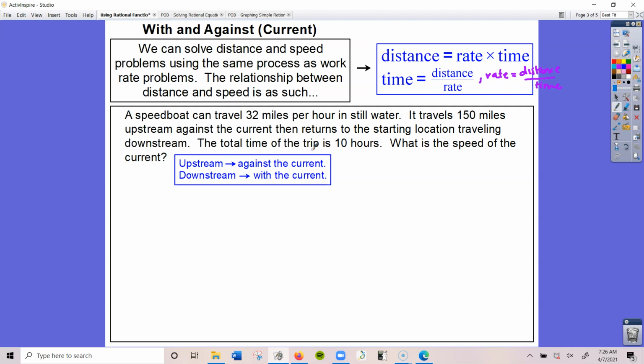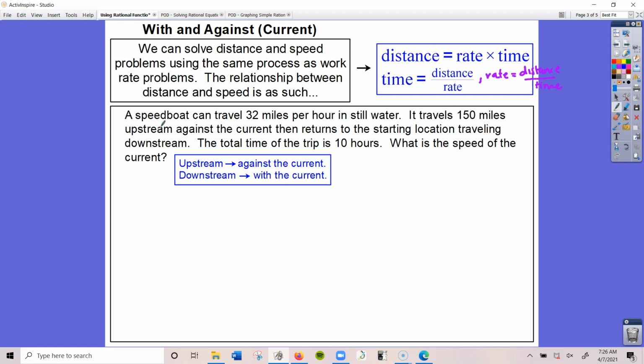So a couple things to keep in mind here. You're going to see words like upstream and downstream, or against the wind or with the wind, things like that. Upstream means that you are going against the current. Think about like when you're going to the beach, right? When you're walking out into the water, the waves are coming at you.